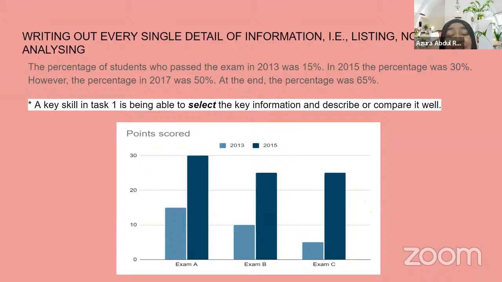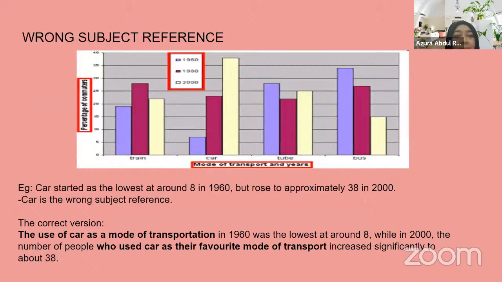We don't want this. This is not a descriptive essay. This is an analysis. The key skill here is to be able to choose the key information, describe it, and compare it with another piece of information. You only need to find two. You don't have to talk about exam A, exam B, exam C, 2013 versus 2015. Choose which ones you want to analyze. Wrong subject reference, like what I said just now.